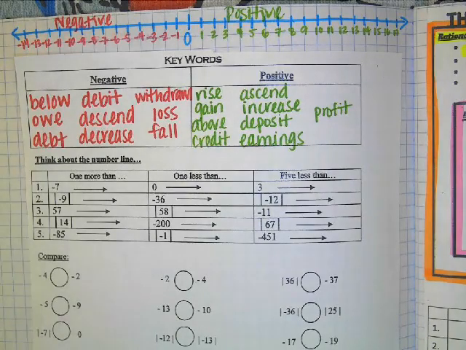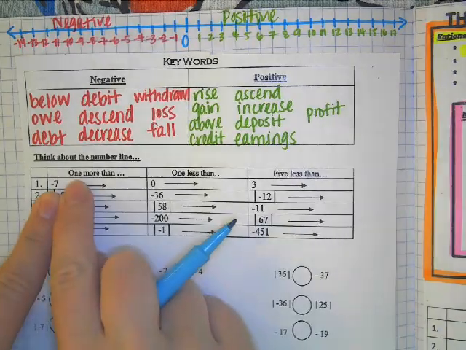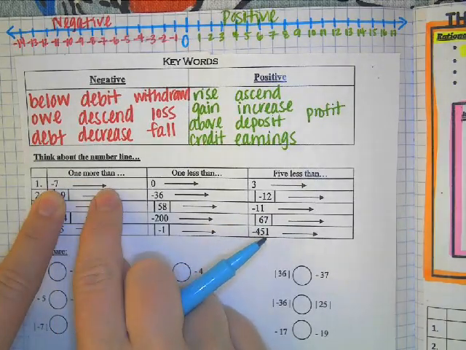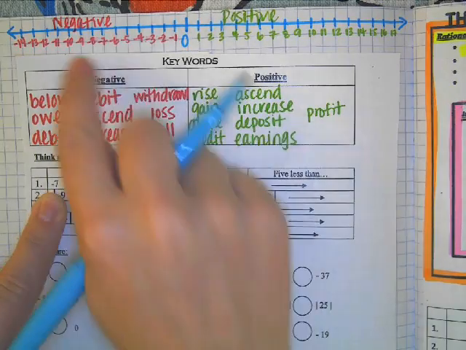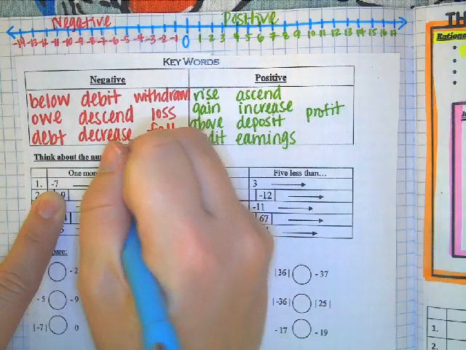Since we've drawn the number line, let's think about it, okay? If we have the number -7 and it says 1 more than -7, we're going to go up from -7 one number and we're going to get -6.